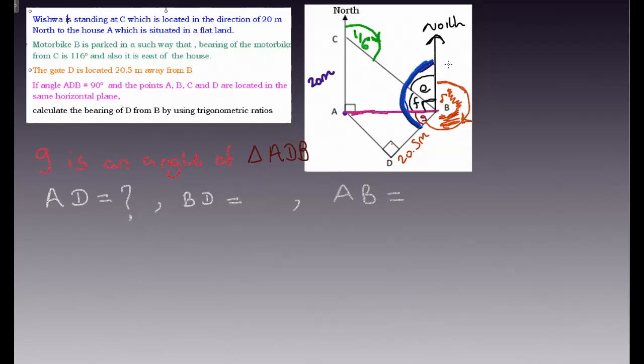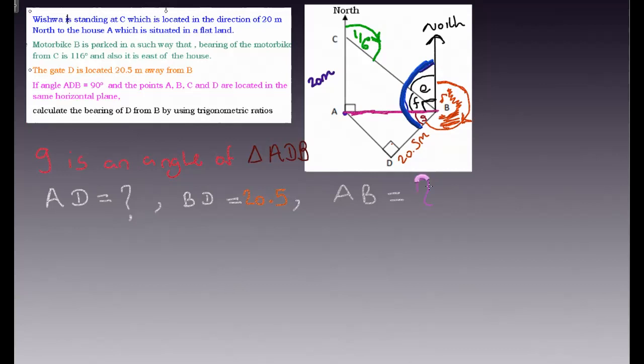What's BD? That is known to us. BD is 20.5. And what's AB? Do we know AB, the one which I've drawn in pink? No, right? So that's a question mark once again. Uh-oh, it's a problem. Why?